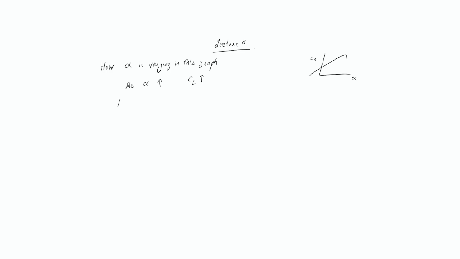Now for maintaining lift equals to weight, we know this equation, CL equals 2W by rho S V square. Now W is constant, area is constant, assuming we are flying at a constant altitude where density is also constant.